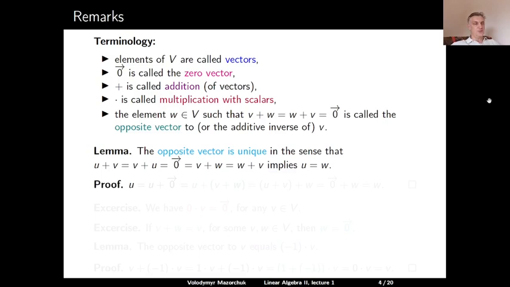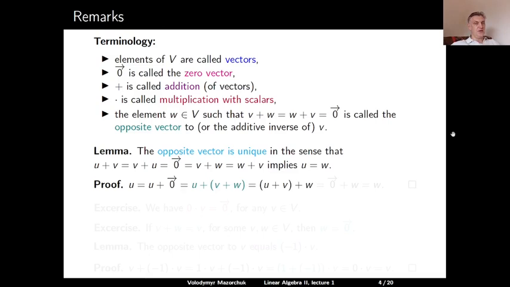So here is a proof. Let us start with u. By the axiom of the zero vector, u is equal to u plus the 0 vector. Now, because of our assumptions, we can write our 0 vector as v plus w. So now we have u plus the sum of v and w.